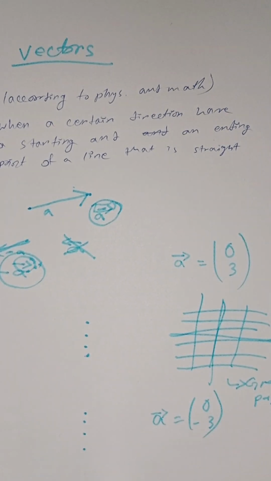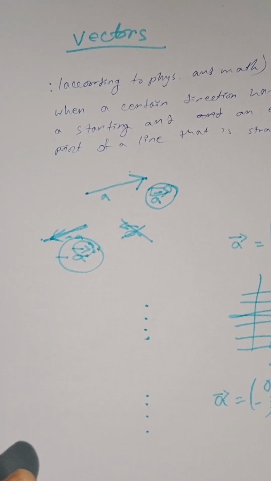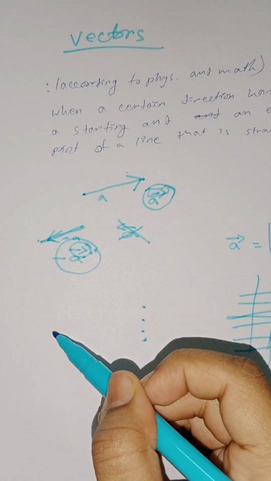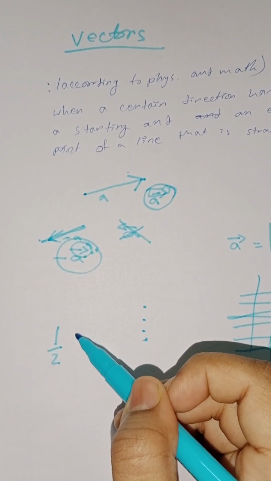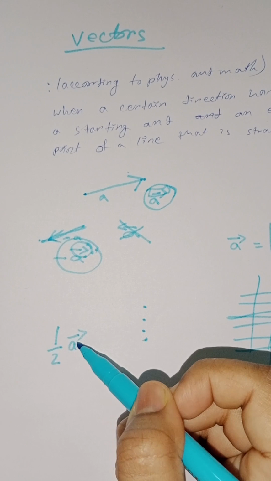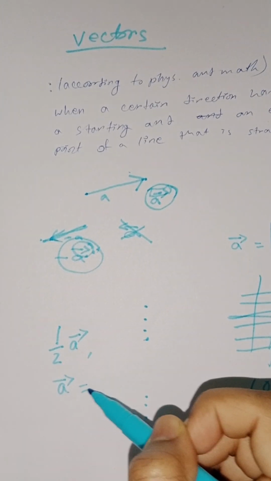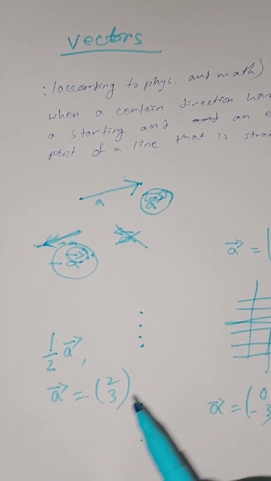Now, there are a lot of problems regarding this, which can be, half of vector A, and vector A is 2 and 3.